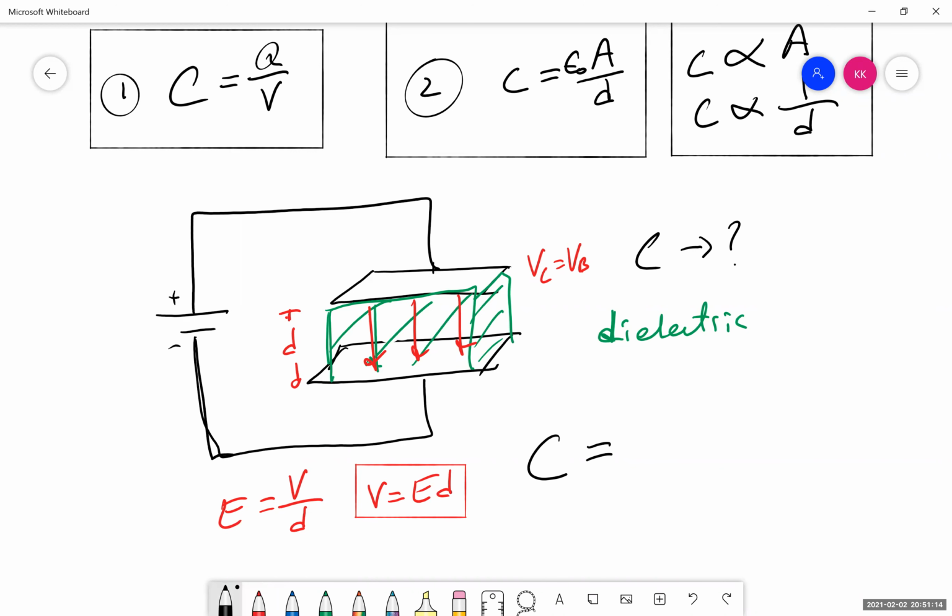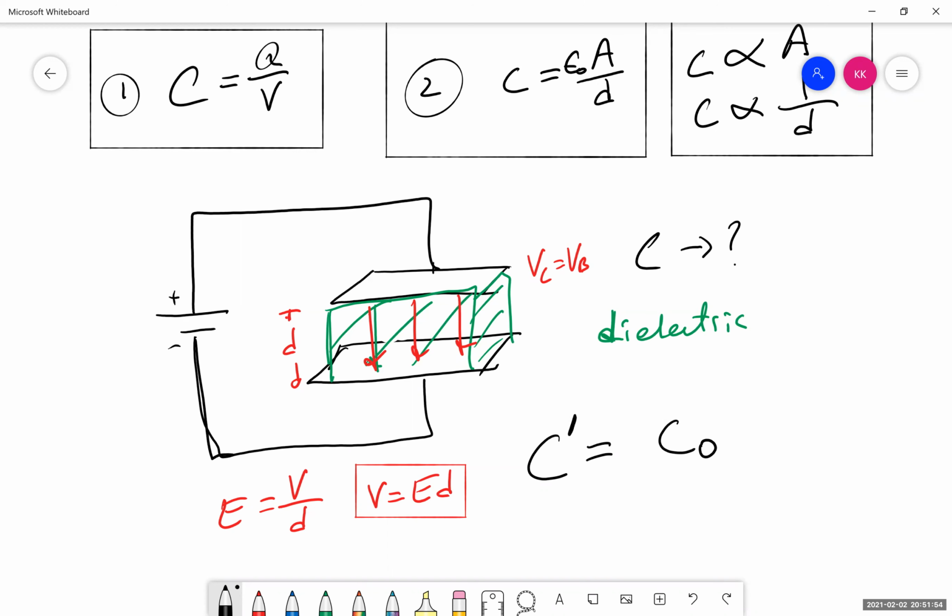Also, when the capacitor is inserted with some kind of dielectric material, it actually has the property that it increases the capacitance. Let's say C naught is the original capacitance of an air-filled capacitor.